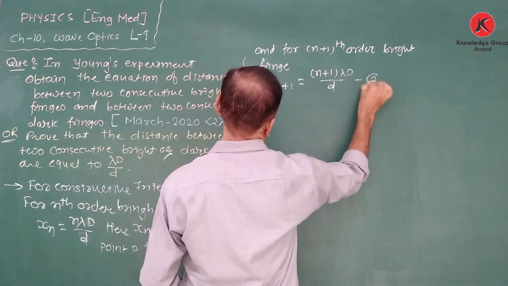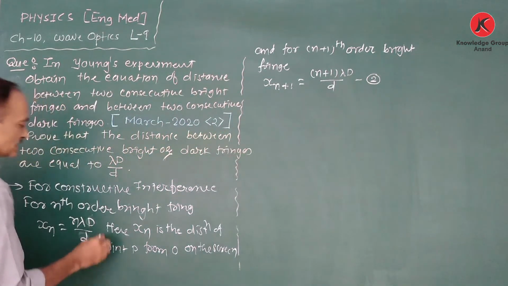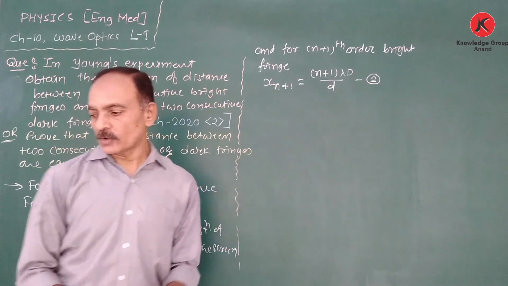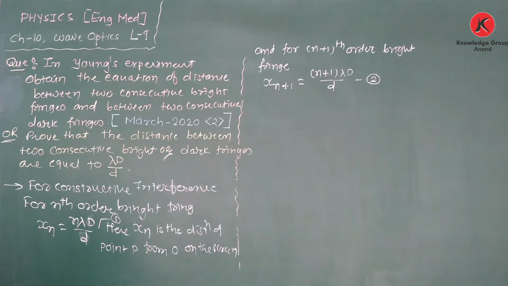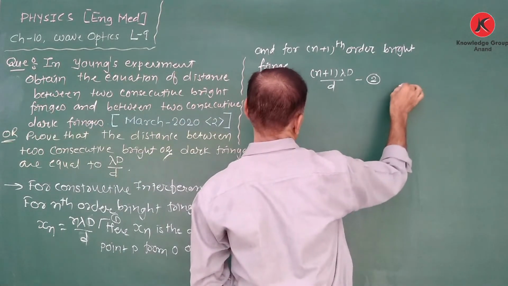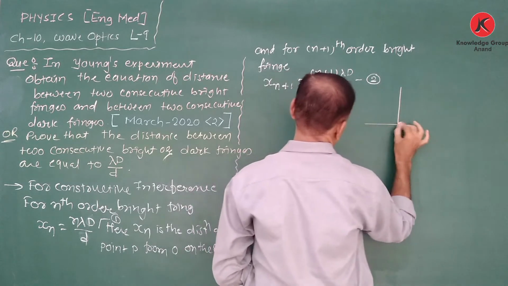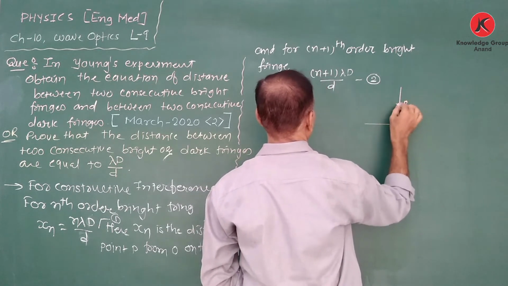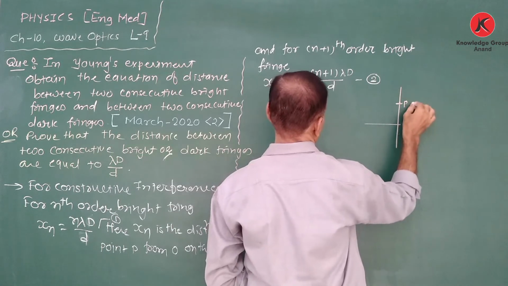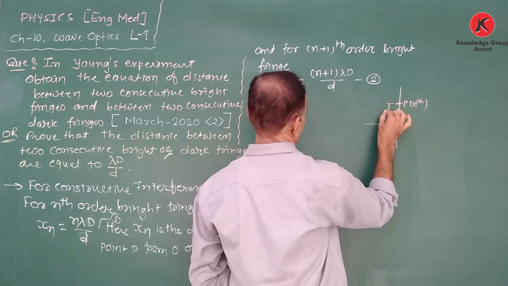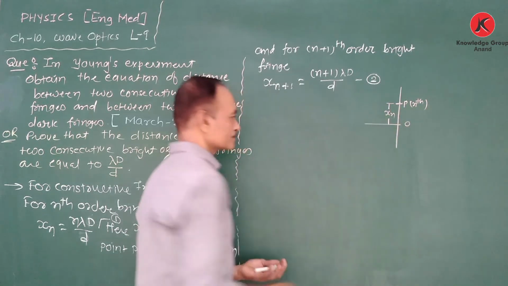That is our equation number 1, and that is our equation number 2. Here on the screen, that is the center point O of the screen. At this point P, the nth order bright fringe is obtained. The distance is xn from O.